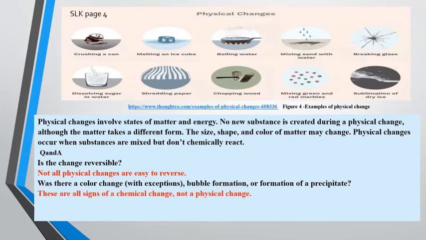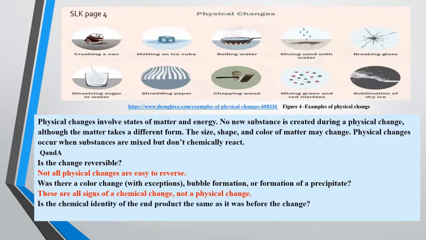These are all signs of a chemical change, not a physical change. Now, is the chemical identity of the end product the same as it was before the change? If it's still the same, yes, it is a physical change. But if the answer is no, then it's a chemical change.